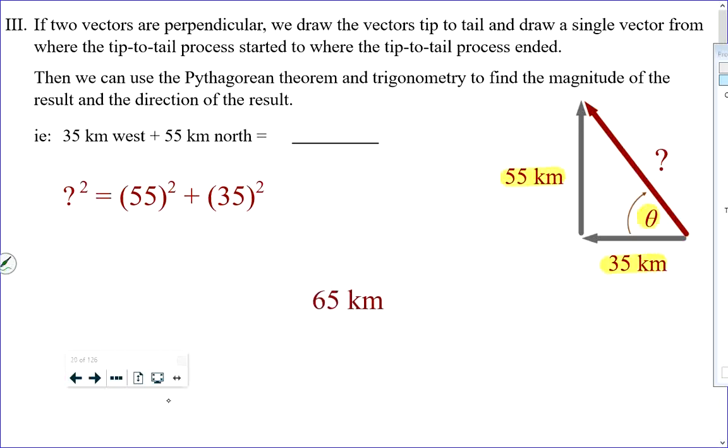It's 65, right? I don't know what it is exactly as a decimal, but I'm rounding it to 65, whether it was 64 point something or 65 point something. Do we get 65 kilometers?